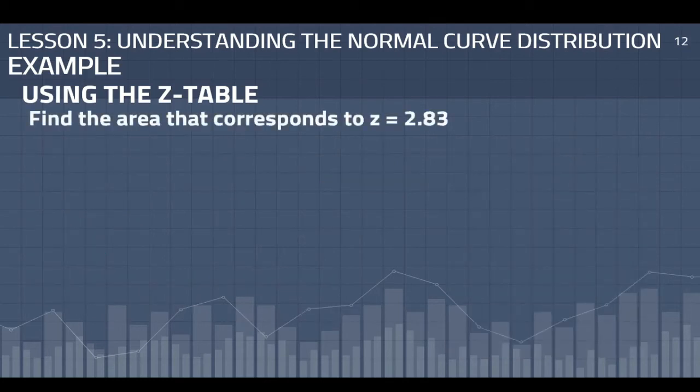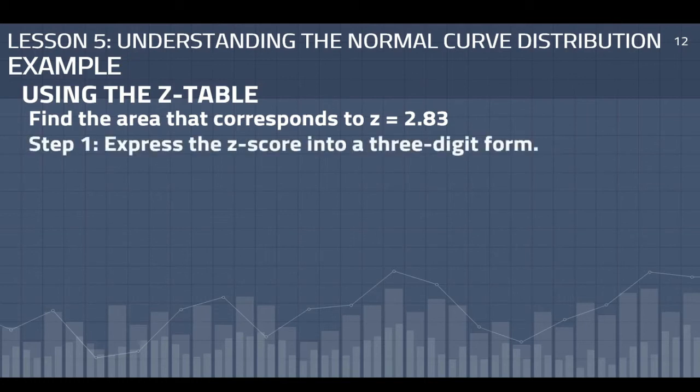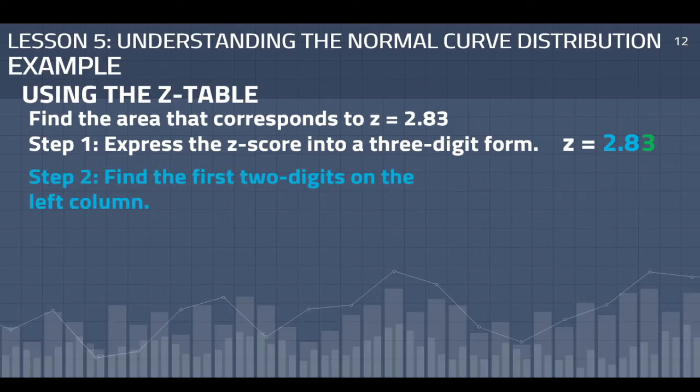Next, find the area that corresponds to z is equals to 2.83. So again, repeat lang natin. Step 1, express the z-score into a 3-digit form. So 2.83 siya, 3-digit na siya. Okay? Next, find the first two digits on the left column.